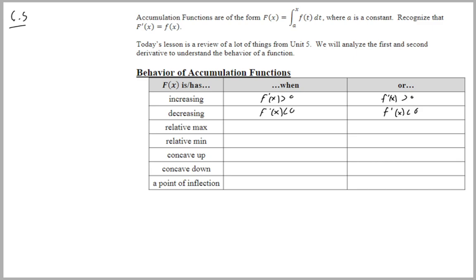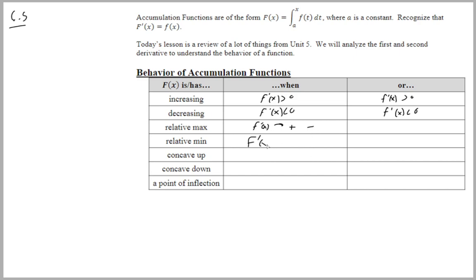And for the relative max, we can also see that if big F prime of x goes from positive to negative, that is a relative max, and the opposite is true.